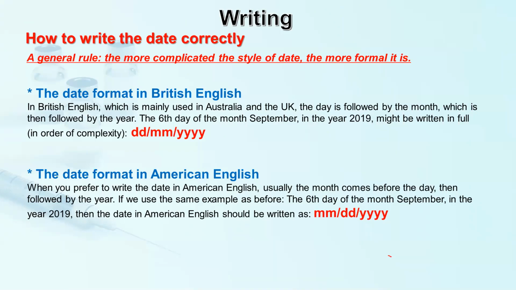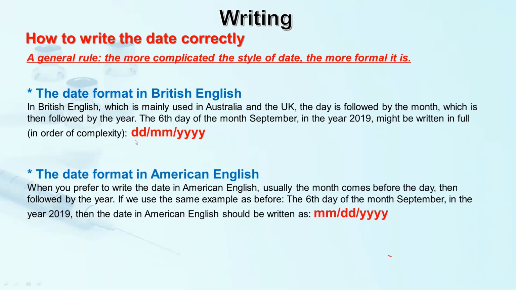The date format in British English, which is mainly used in Australia and the UK, the day is followed by the month, which is then followed by the year. The sixth day of the month September in the year 2019 might be written in full, in order of complexity, like this.